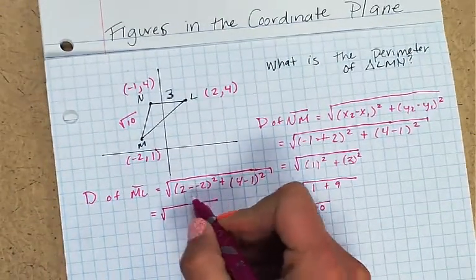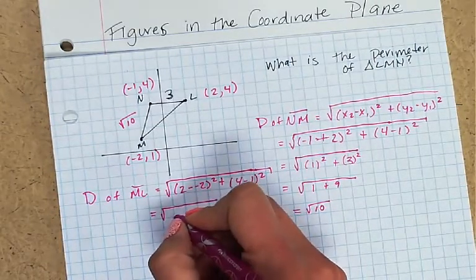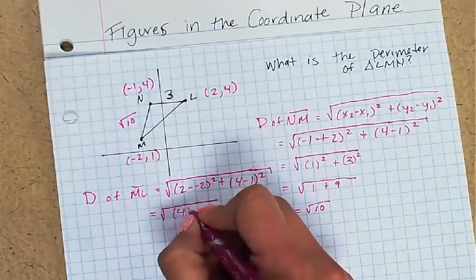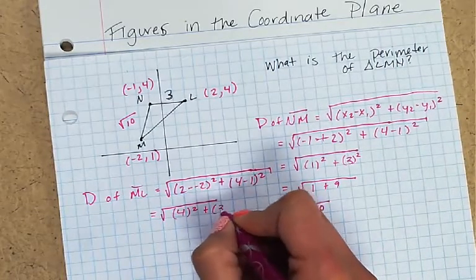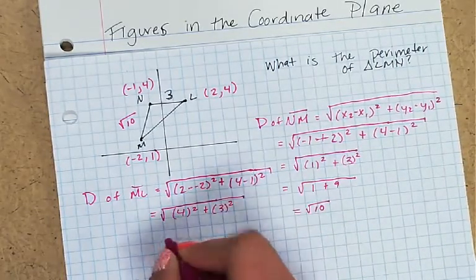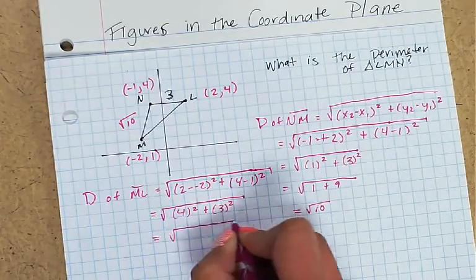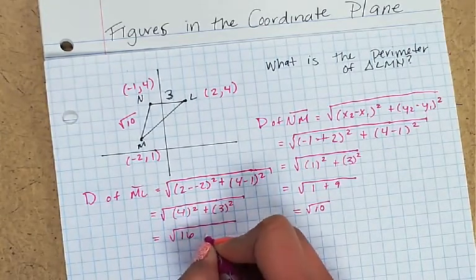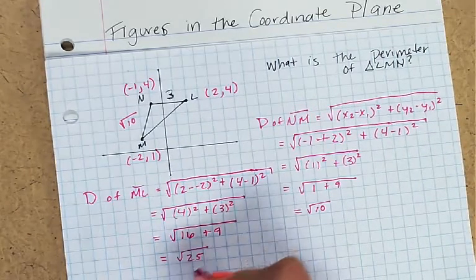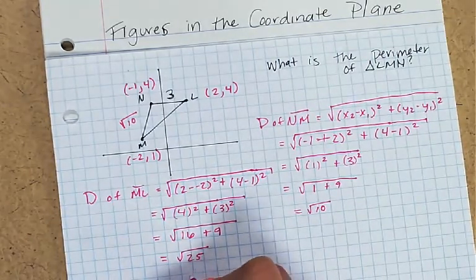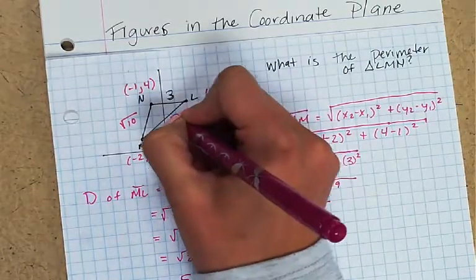Again, 2 minus -2 is going to change that to a positive. So 2 plus 2 is 4. And then 4 minus 1 is 3. So we end up with the square root of 16 plus 9, which is 25, and the square root of 25 is a whole number, 5.